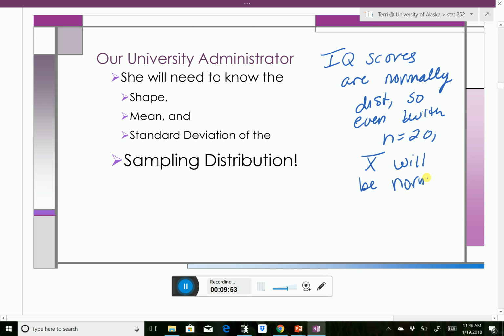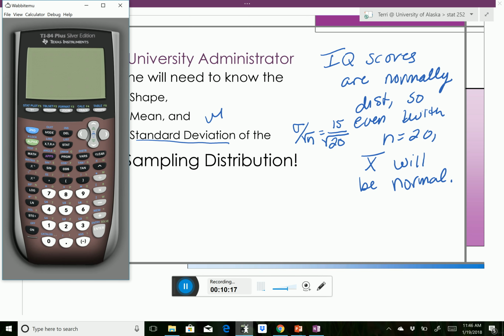The mean will be mu, the true mean, and the standard deviation of the sampling distribution. So what is the standard deviation? Sigma over the square root of n. So that's going to be 15 over the square root of 20. Let's grab that real quick.